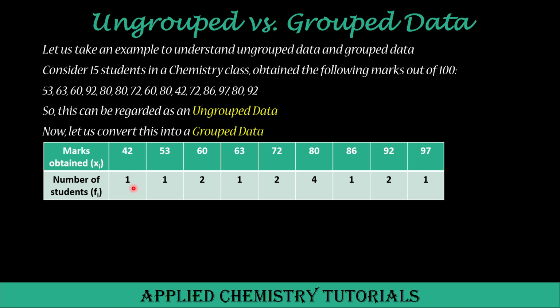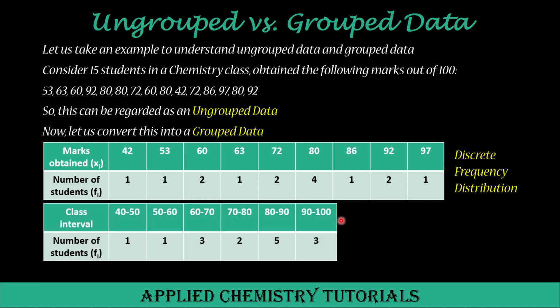One student got 42, one student got 53, and two students got 60, and so on. This type of grouped data is known as discrete frequency distribution.